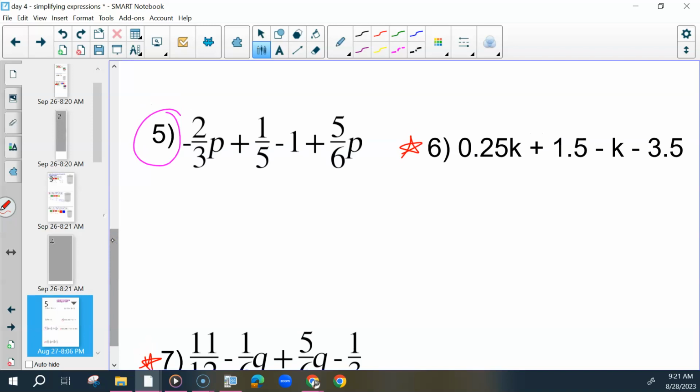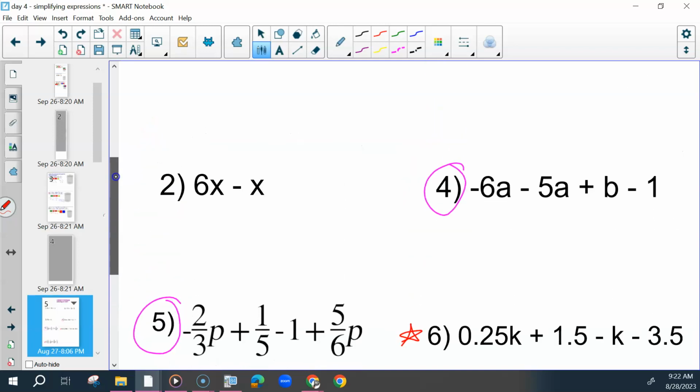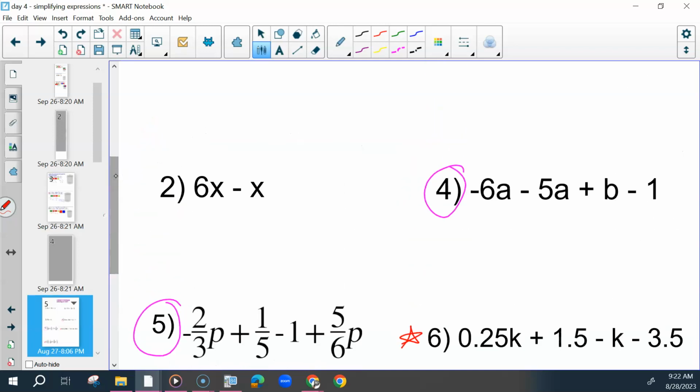Alright, let's start with 6, and then we'll do 7, and then if we have any others, we'll go back and do those. So this is really the same thing that we were just doing. It does not have decimals and fractions. If you want to use the algebra tiles, you cannot use them on ones with decimals and fractions. Anything else is usually fair game, except for this one we can't use it on because there's 2 different variables.